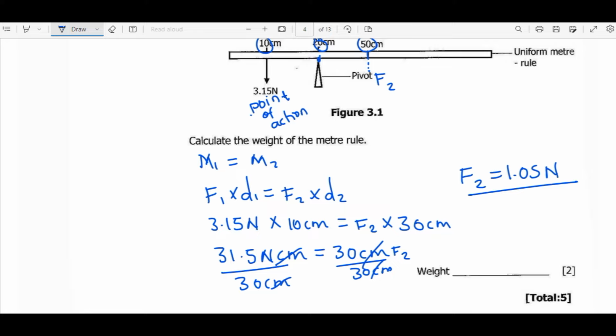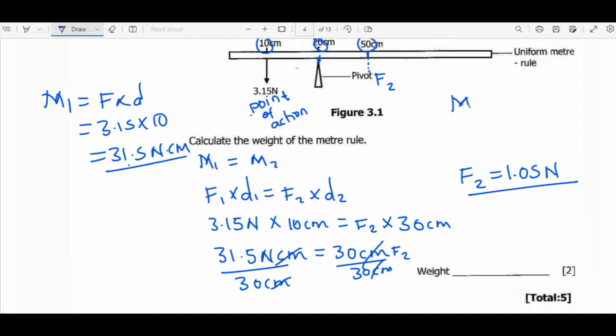We can check if our answer is making sense. Moment 1 is equal to force times distance. The force is 3.15 times 10, which is 31.5 Newton centimeters. Now let's check moment 2, which is also force times distance.